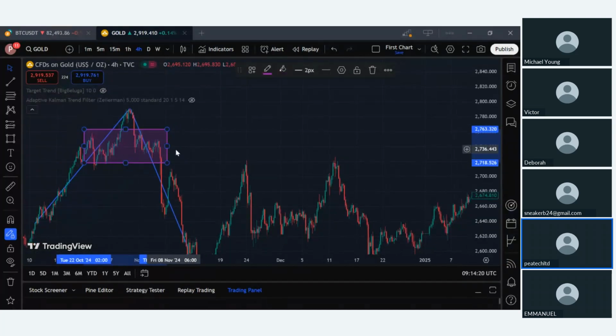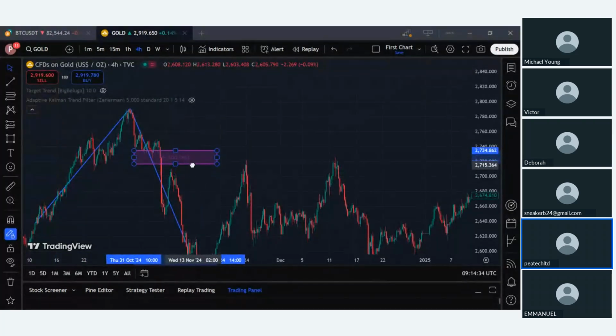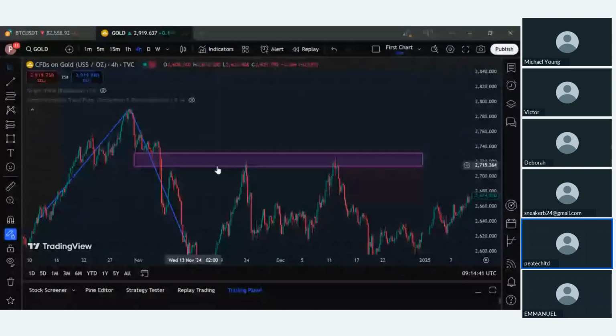Now, after forming the head and shoulder, if we streamline it further, there is a supply zone right here. So this particular zone here is a supply zone. This candlestick you see here, this candle, it's a supply. So now, this zone is a supply zone.